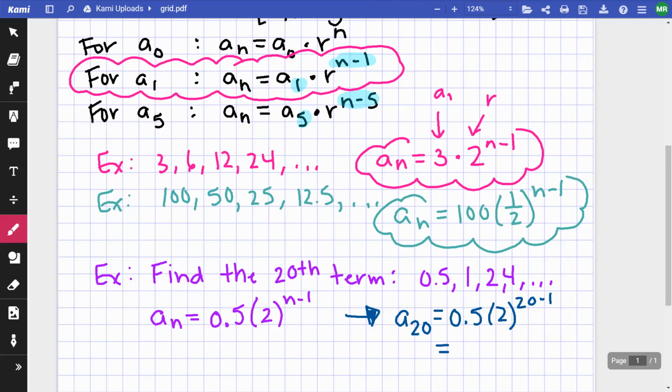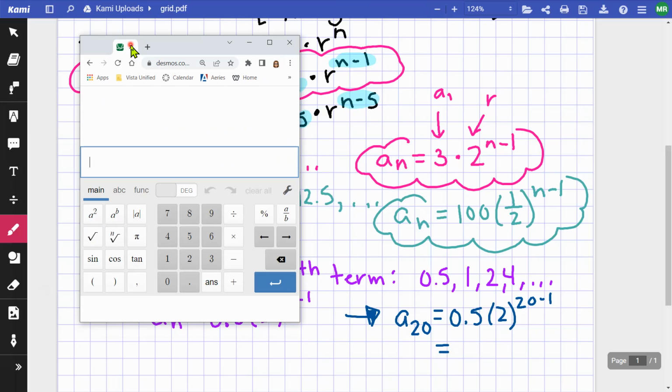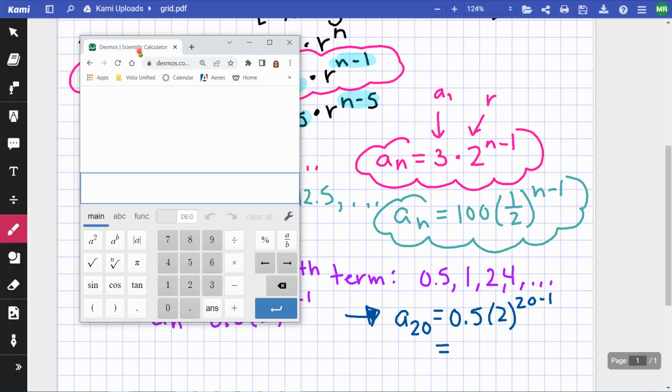When I put this into my calculator, here I'm going to use Desmos. I'm putting in 0.5 times 2 raised to the power.